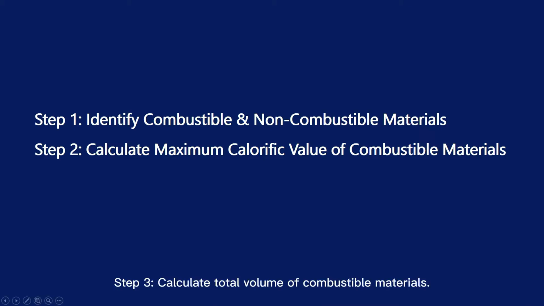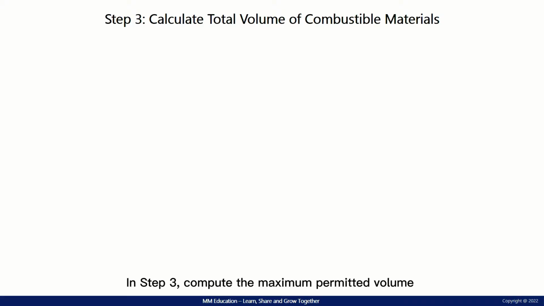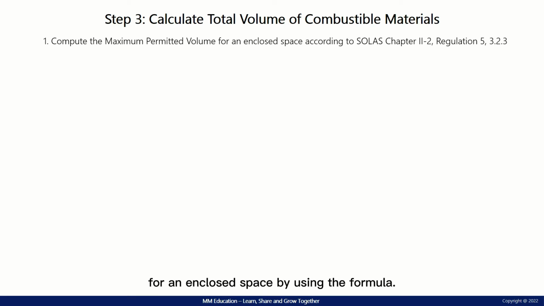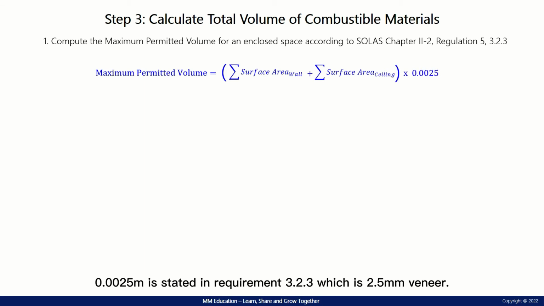Step 3. Calculate the total volume of combustible materials. In Step 3, compute the maximum permitted volume for an enclosed space by using the formula, where the maximum permitted volume for the enclosed space equals the total surface area of wall and ceiling multiplied by 0.0025. 0.0025 meter is stated in requirement 3.2.3, which is 2.5 mm veneer.